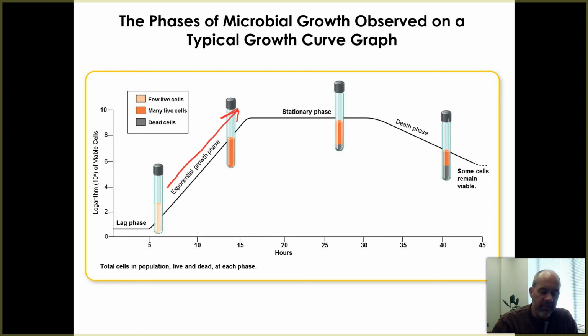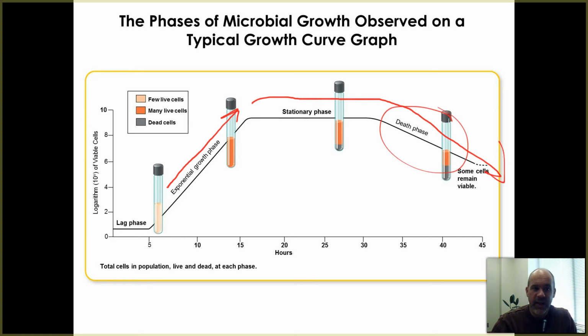early you're going to be in this nice exponential growth phase where the bacteria are nice and happy. But it doesn't take a whole lot of incubation before you wind up over here in your death phase. And so if you just keep incubating, most or all of the microbes in your culture are going to die.